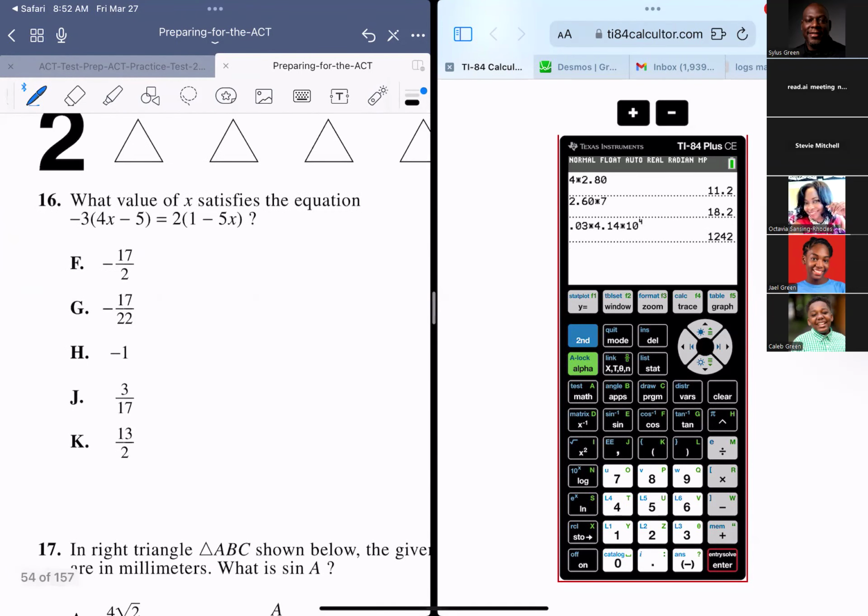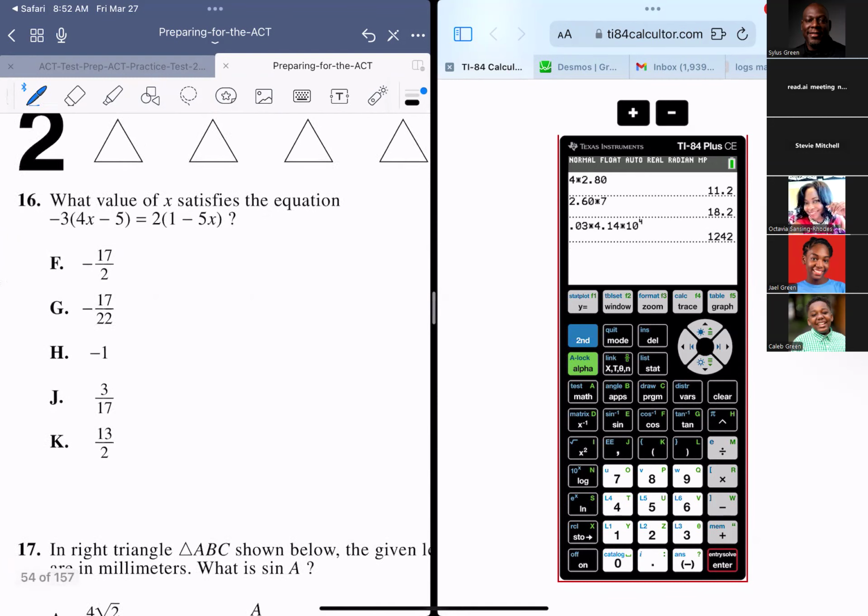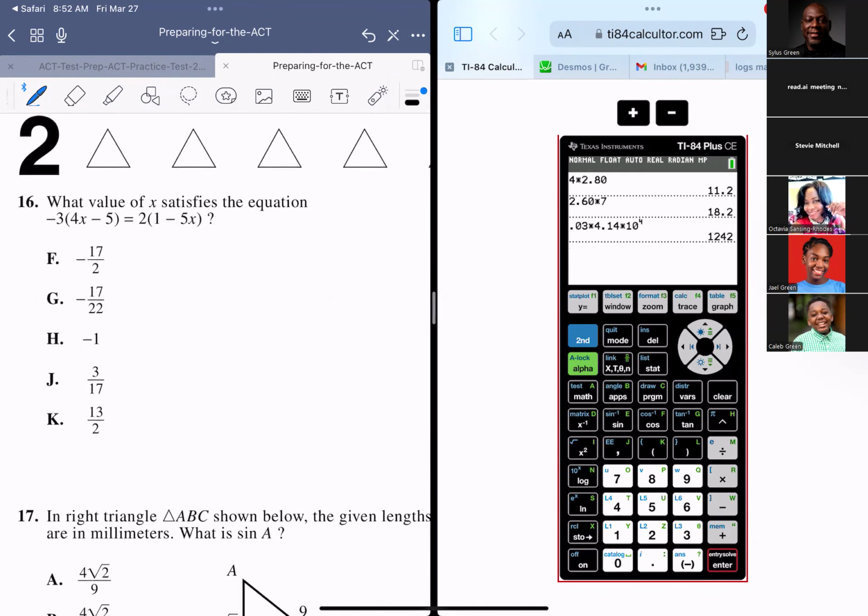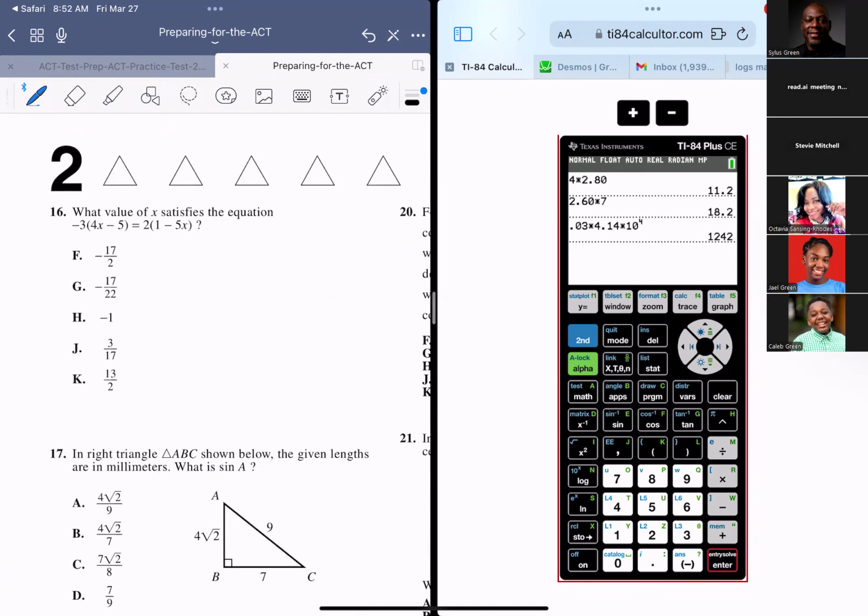What value satisfies this equation? This one, first you would distribute, and I don't think you would have to use your calculator, but let's see. So negative 12x plus 15 equals 2 minus 10x. So we're going to combine like terms.